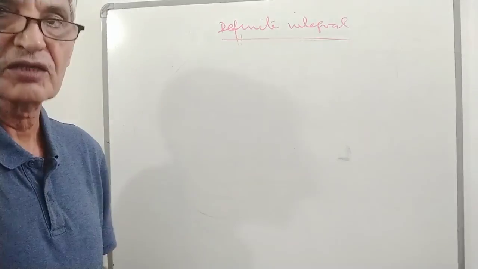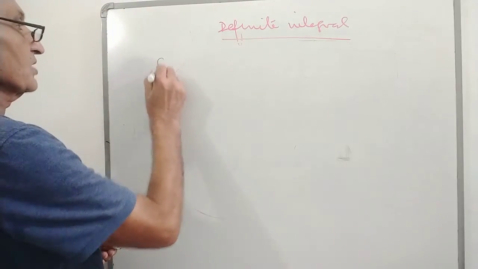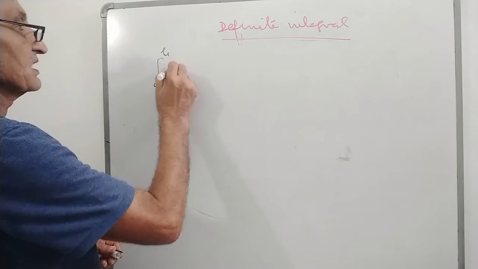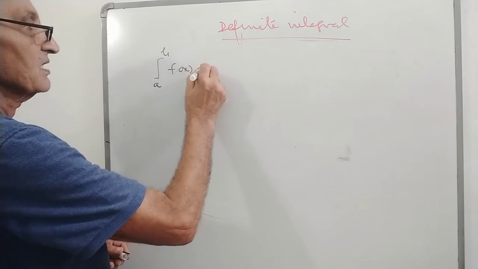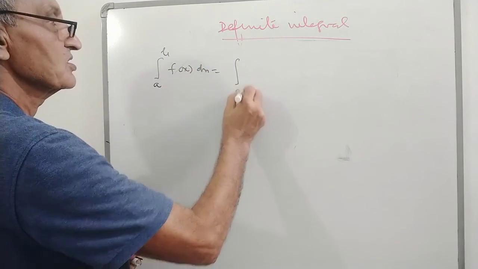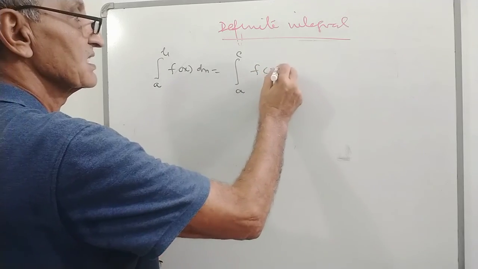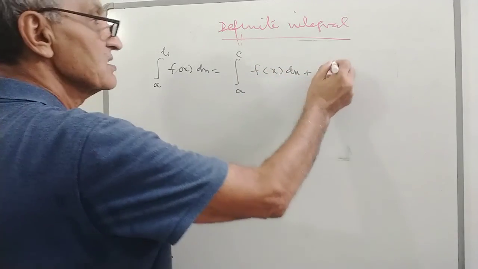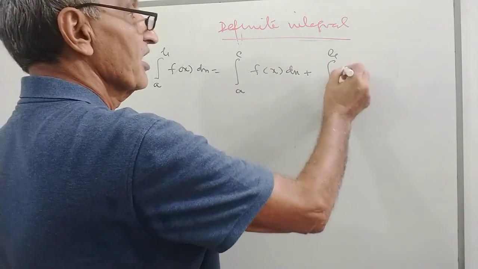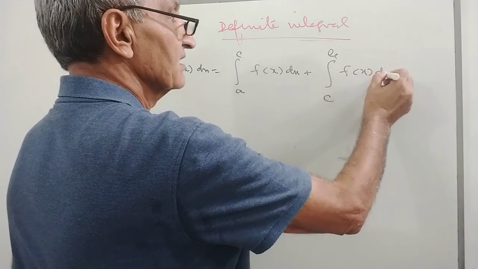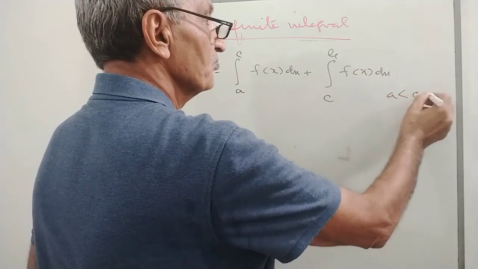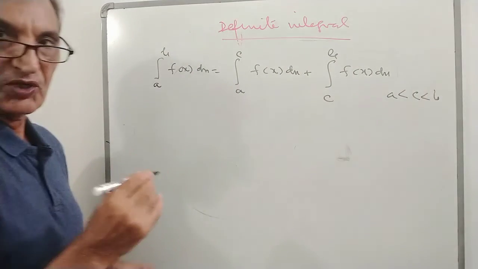The next one: suppose I have the integral from a to b of f(x) dx, and I want to write it as the integral from a to c of f(x) dx plus the integral from c to b of f(x) dx, where c lies between a and b. We can prove it.